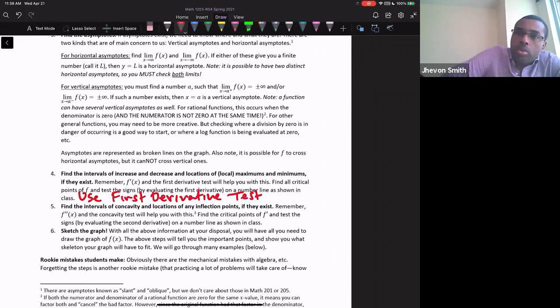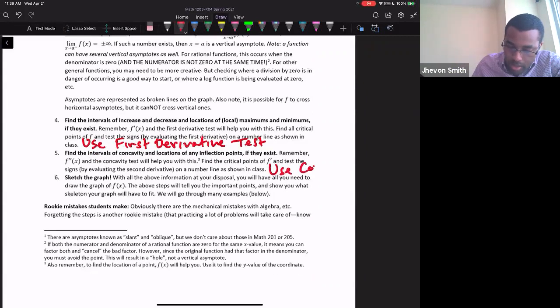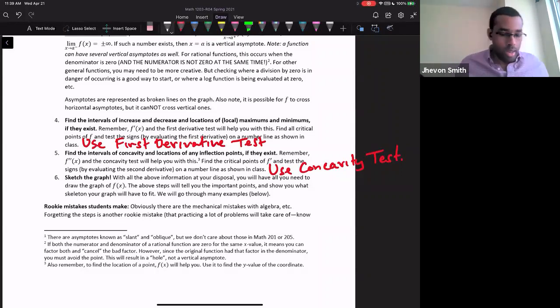And the fifth thing we're going to want to do is find the intervals of concavity as well as inflection points. And for that you would use the concavity test, which are both tests that I've covered before. So you're going to have to make sure you remember those. And then finally, you can sketch the graph according to all this data.